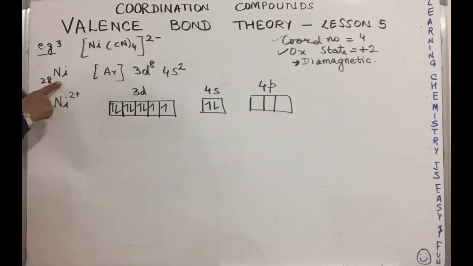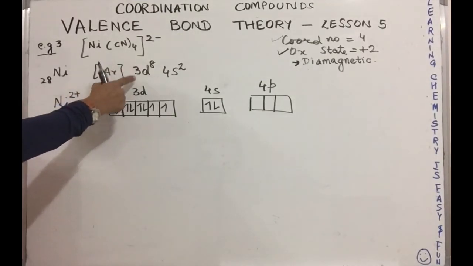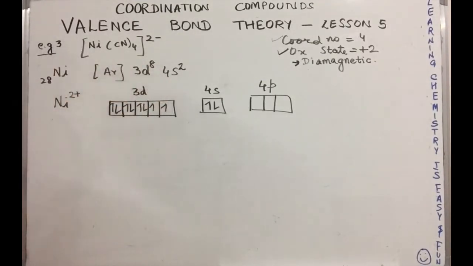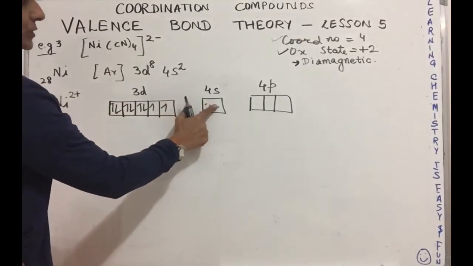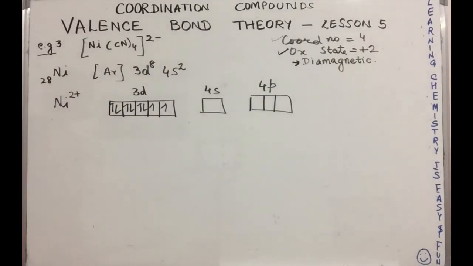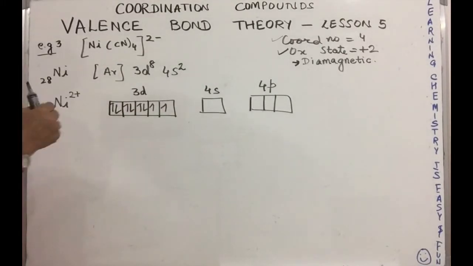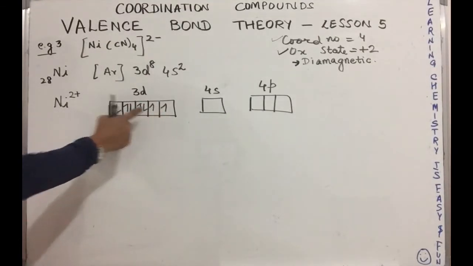So let's start with the electronic configuration of nickel. Argon 4s2 3d8, or 3d8 4s2, as you may choose to write. Ni2+ means nickel oxidation state +2, so it loses these 2 electrons from the valence shell. Now, after it has lost these 2 electrons, the compound is diamagnetic. If I ignore these 2 unpaired electrons, it will not justify its diamagnetic behavior. So we need to pair them up.